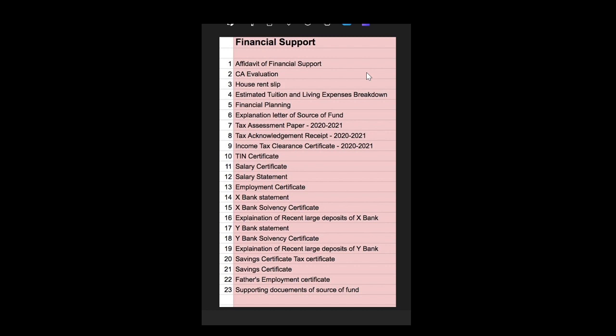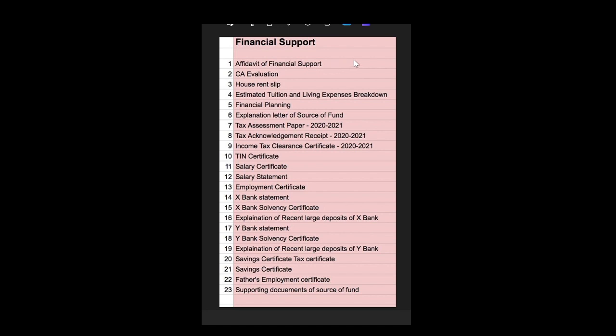Okay, so now what he or she has shown is an affidavit of financial support. That means this person needs support from someone else as well, maybe his or her spouse's bank account or a family member's bank account where there were some funds. And that's why that person has submitted an affidavit.